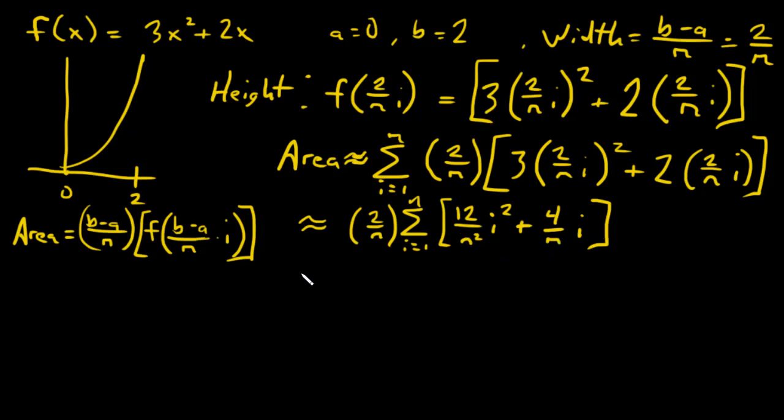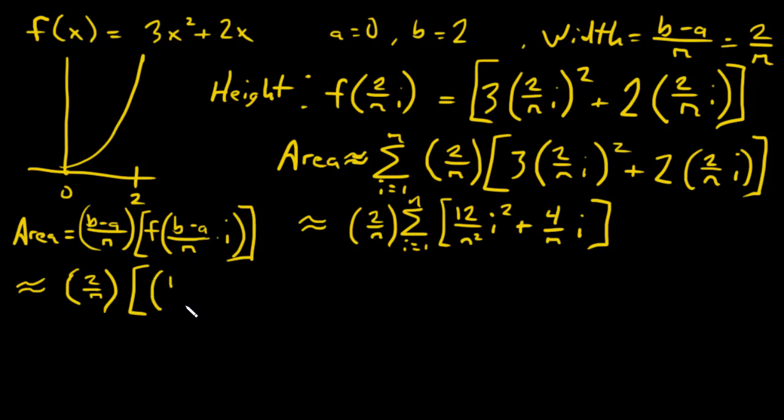So I've got this expression. Now I'm going to distribute the summation through so I can isolate my i's. So if I do that, the area is approximately 2 over n, and then one big bracket.